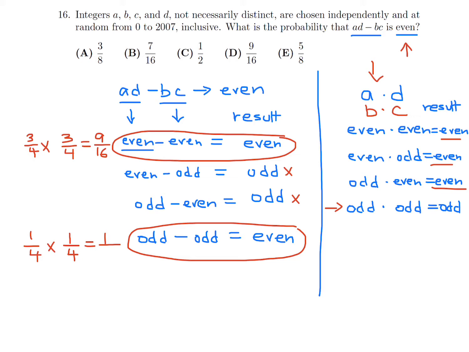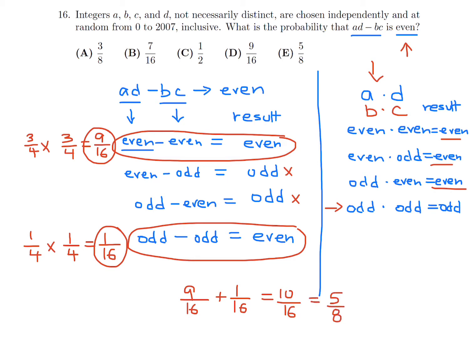And I have to multiply those, so I get 1 out of 16. So now to get the total probability, I have to add this guy and this guy. So that's going to be 9 over 16 plus 1 over 16, and that is 10 over 16. In lowest terms, that's 5 over 8. So 5 over 8 for number 16 is E.